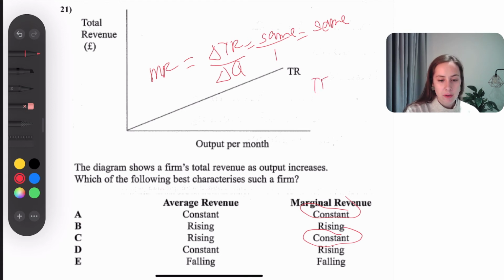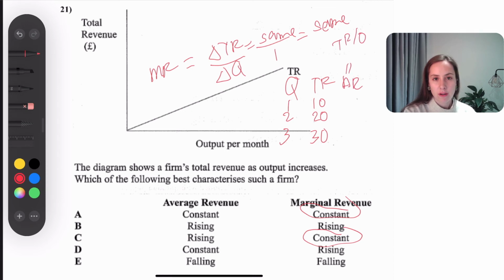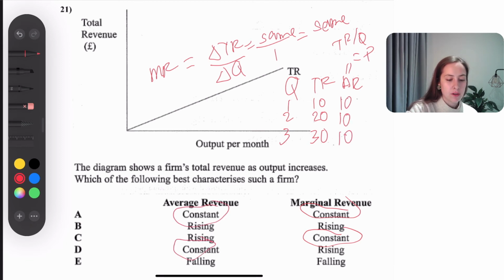And if you increase your total revenue by the same, 10 each time, and you worked out average revenue, since average revenue is total revenue over quantity, which equals price, it is always going to be the same. So you can literally work it out if you have any doubts, but you can also just remember that a perfect competition firm has average revenue constant, marginal revenue constant, and a total revenue curve like that.